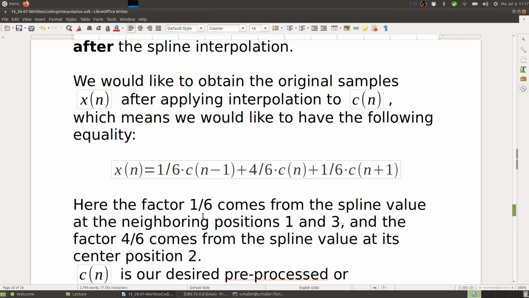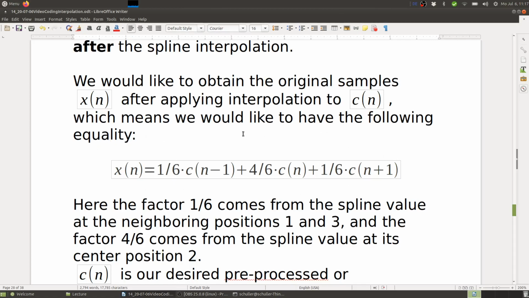Right, so basically we work our way back. First we find a formulation which gives us the result after interpolation for the integer values on the integer grid, and then we go backwards to find how we obtain the c of n, the compensated image. So this is basically this equation.